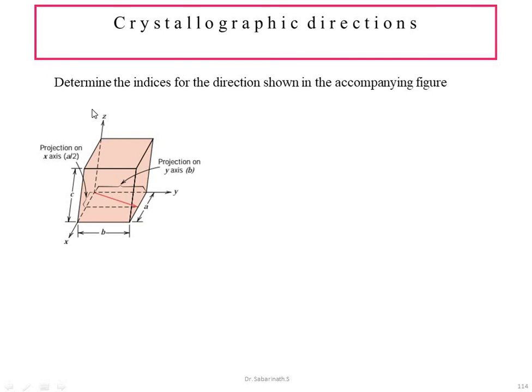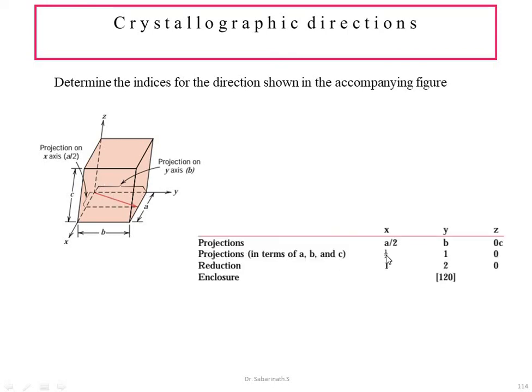Now there's another question: determine the indices for the direction shown in the accompanying figure. For the x direction, the projection lies on a/2, for b we have the full length, and for z there is none.